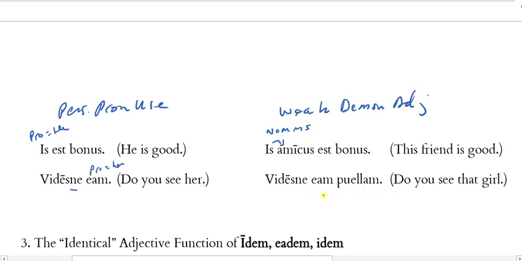This should not be translated as do you see her girl? This is in accusative feminine singular, but it matches case, gender, number with puellam. And so this is technically the direct object, and this is a demonstrative adjective modifying puellam. All right, so do you see this girl or that girl?